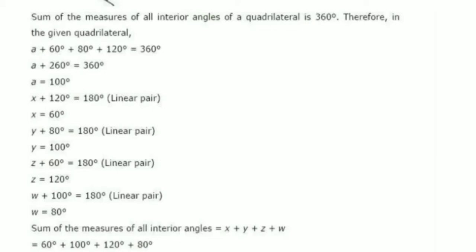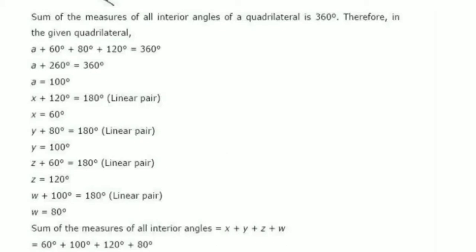Okay. And w is equal to what? We can write here w plus 100. Why 100? Because 60 plus 80 plus 120 degree plus a is equal to 360 degree. Okay, sum of the measures of all interior angles of a quadrilateral is equal to 360 degree.